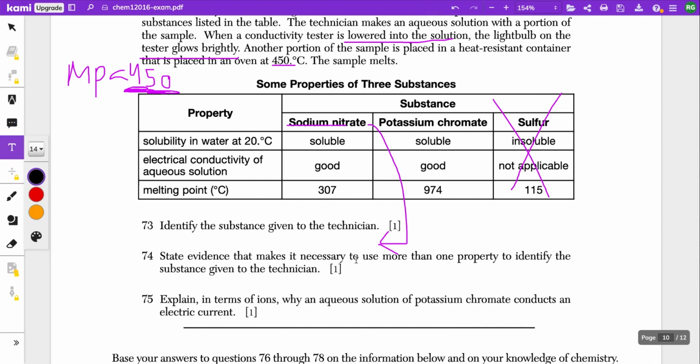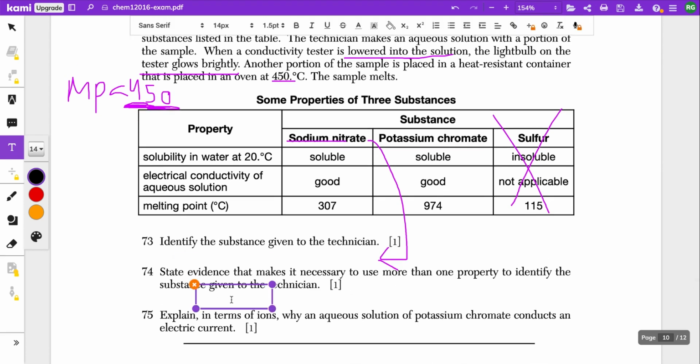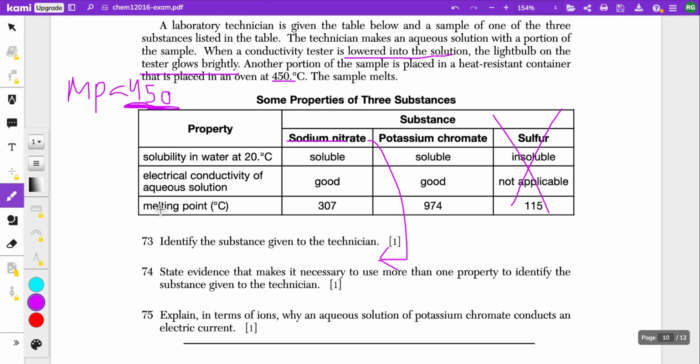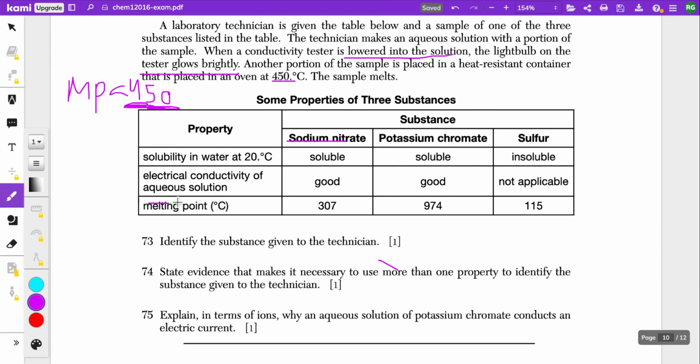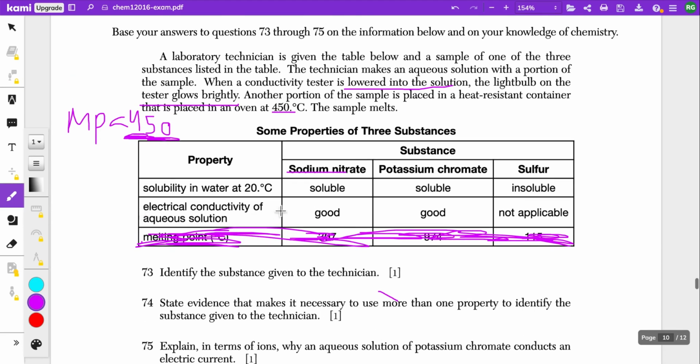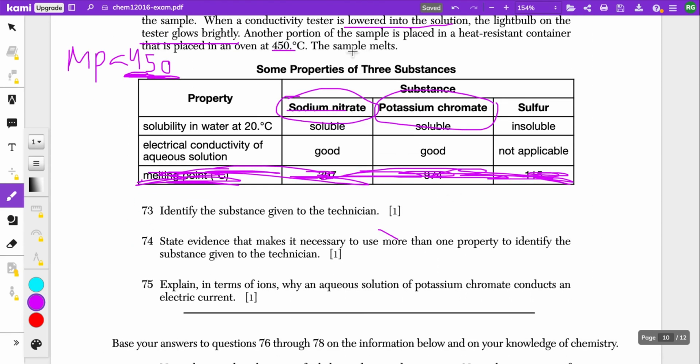The reason it's necessary to use more than one property to identify the substance is this. Imagine if we didn't have melting point, if this column didn't exist. We would think we could use sodium nitrate or potassium chromate. We would identify the substance as either this or this. We don't have enough information if we only used two columns.